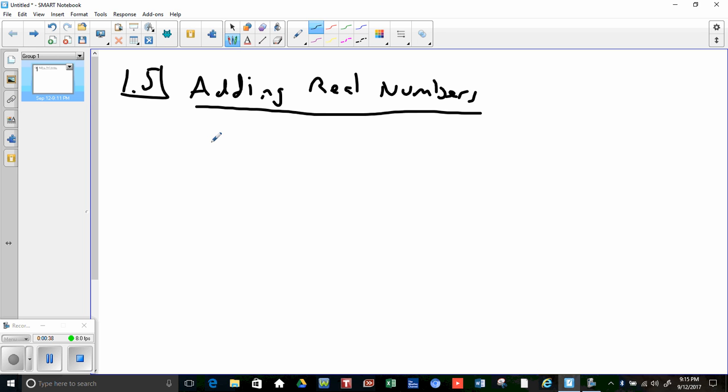So the idea is when you add real numbers, for example, if we were to simply add 3 plus 2, on a number line we're starting at 3 and then I'm adding 2 more, it means I'm going to the right because plus means go to the right 2 spaces. So if I start at 3, add 2 more, going to the right 2 more spaces is going to put me at 5.